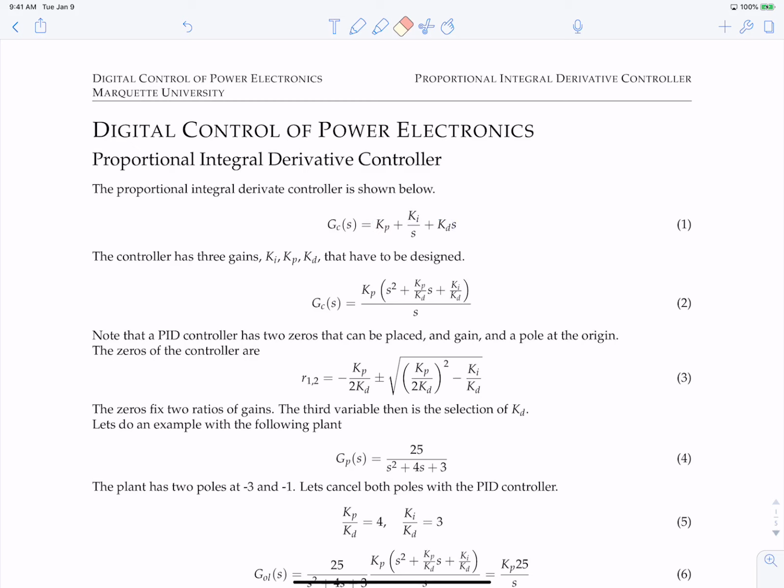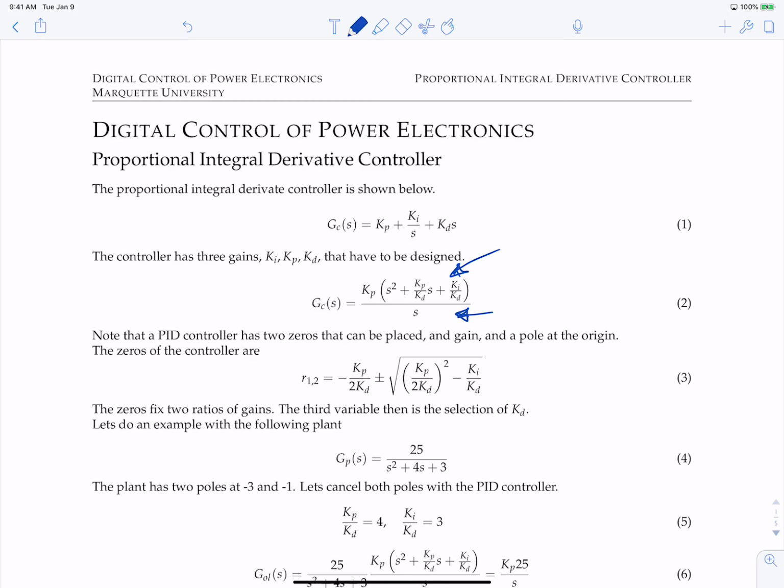All right, let's take a look at what the PID controller actually contributes to the overall system. If we do some simple algebra on equation 1, rearranging and getting common denominators, we get equation 2. And what you will note is that the PID controller contributes a pole at the origin. That's great because that's an integrator. It'll help us get rid of steady state error. And it contributes 2 zeros.